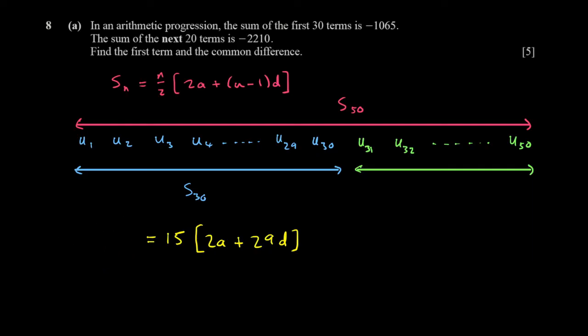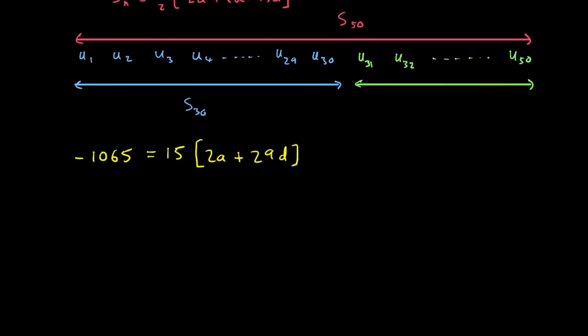So I can just write that there, negative 1065. And I think that I can divide that through by 15 in order to simplify. So 1065 divided through by 15 is 71. So I can write this as negative 71 is equal to 2a plus 29d. Okay, so I get that equation there.